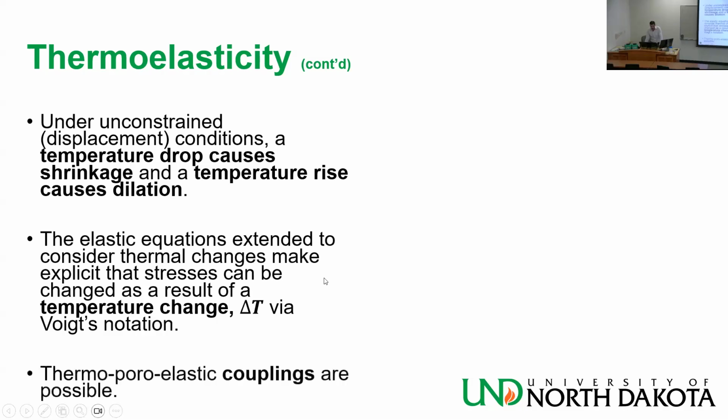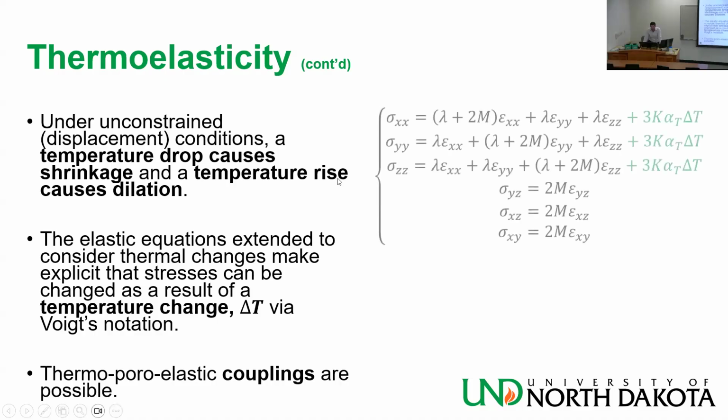Applying this impact of thermoelasticity onto the Voigt notation, we get these equations, in which we take the normal stresses, in this case the normal effective stresses, and we add plus 3 times the bulk modulus times alpha T, the thermal dilation coefficient, times delta T. All those terms are added at the end of every equation for the normal stresses, not for the shear stresses.